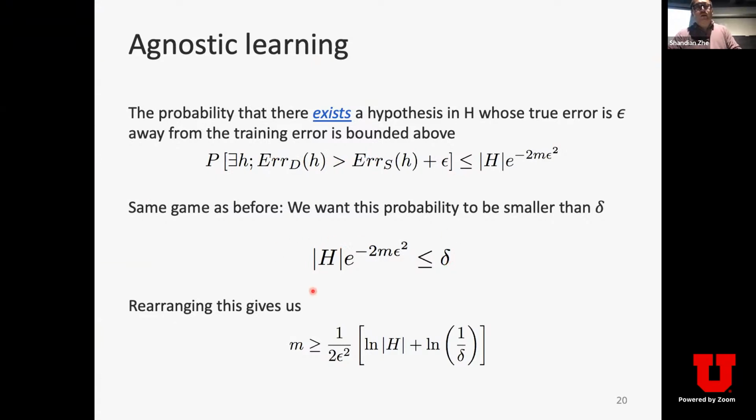What we can do is we just require this upper bound to be less than delta. Then you can solve it in terms of the number of training examples n. So it gives us that if the number of training examples is bigger than this quantity, then the probability that you get a bad generalization error, by bad I mean it is too far away from the training error, will be less than delta.